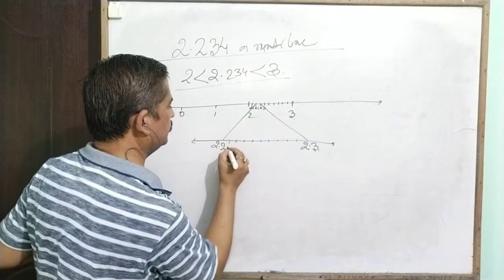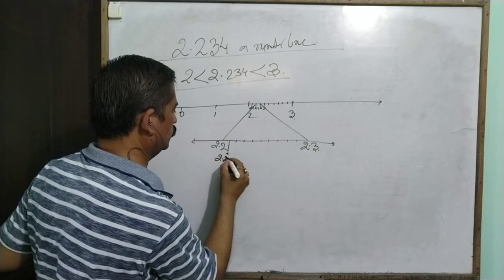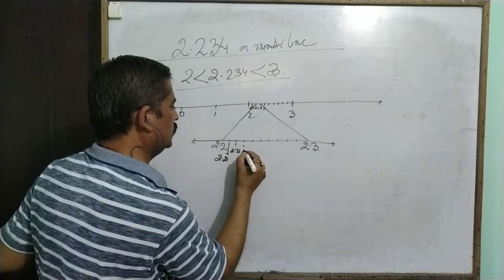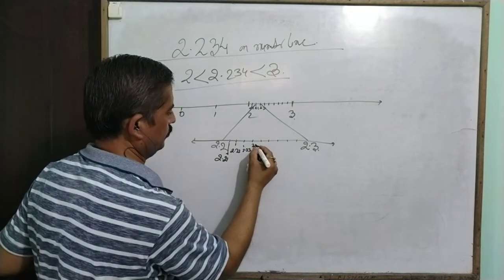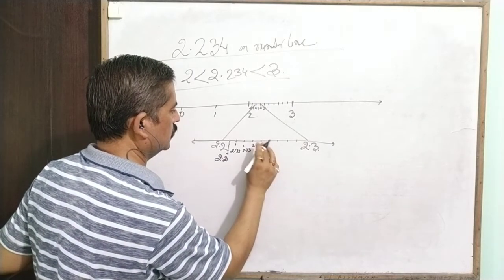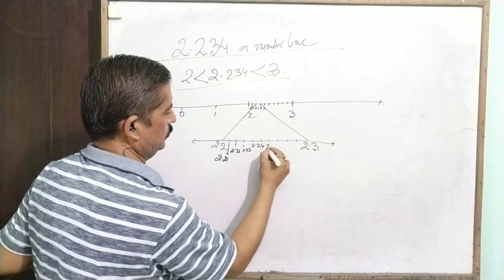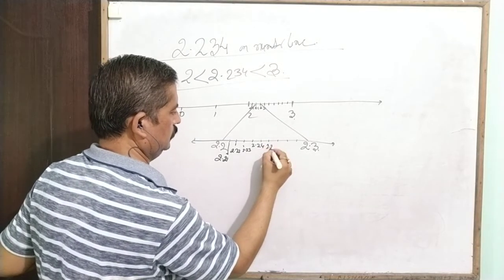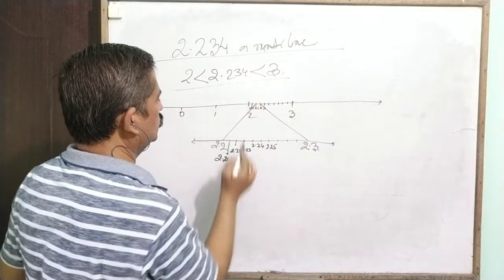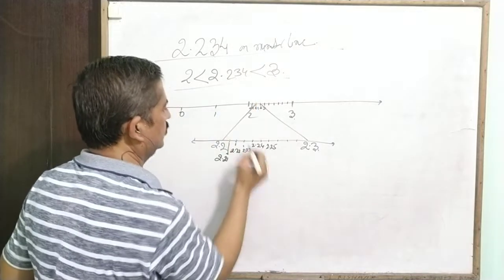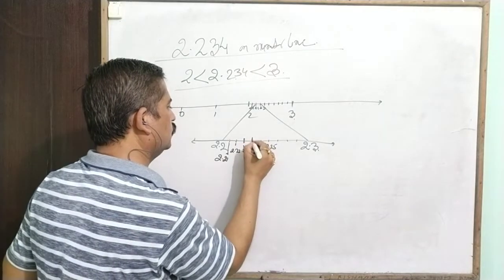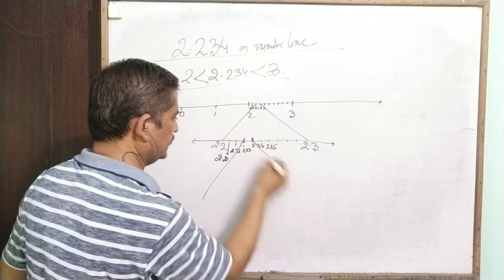So the first part is 2.21, 2.22, 2.23, 2.24, 2.25. So 2.23 and 2.24. Then again expand it.